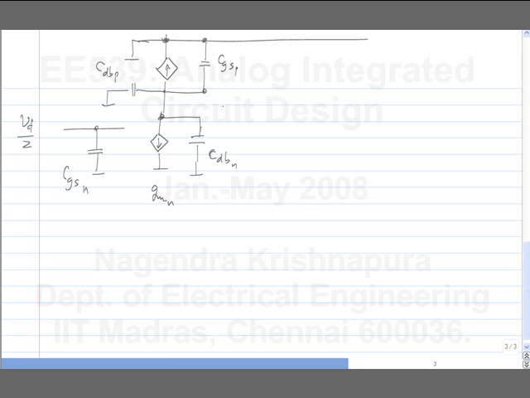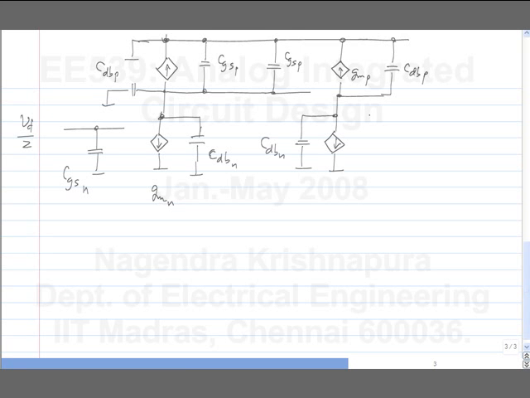So the transconductance will contribute an impedance of 1 over GMP. And we also have CGSP here of the fourth transistor, M4. Okay. And this is GMP. We have CDBP, CDBN, and a voltage source derived from the other side, minus VD by 2, and this is CGSN.